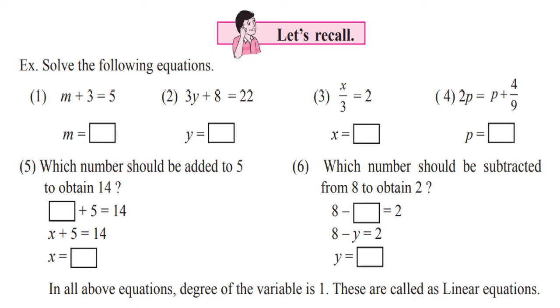So here we have some activities given. In the lower standards, you have studied how to make use of the alphabets or letters to find the unknown things, or how to write down the equations by using unknown things. So here let us solve such equations where we have the unknown variables.